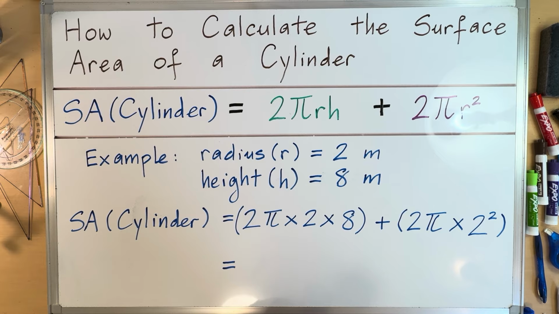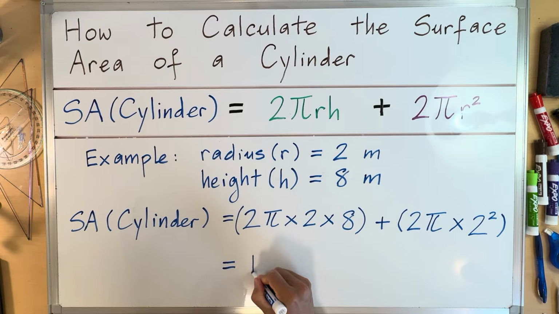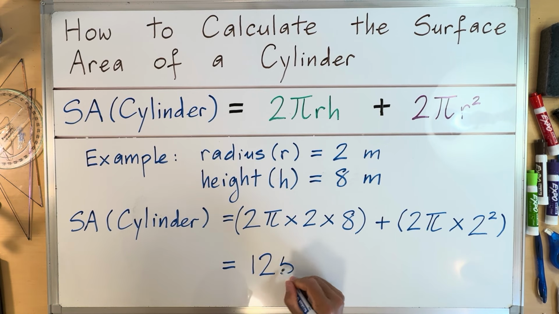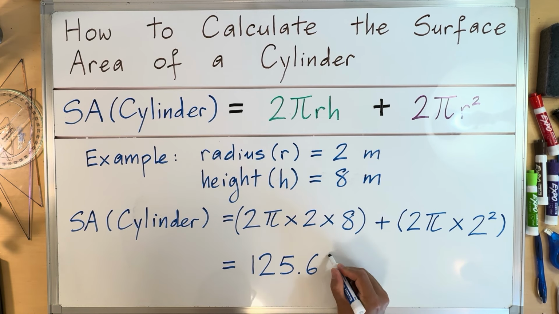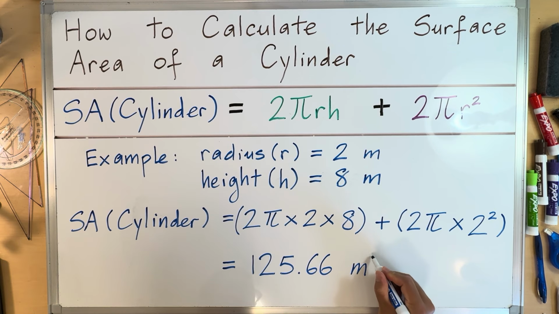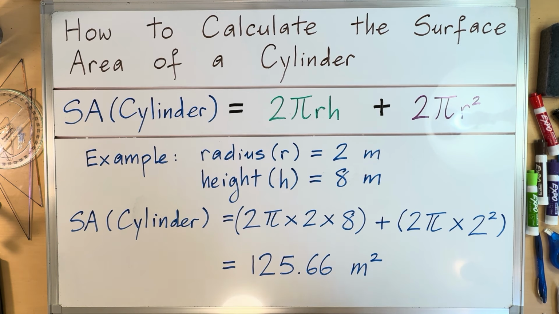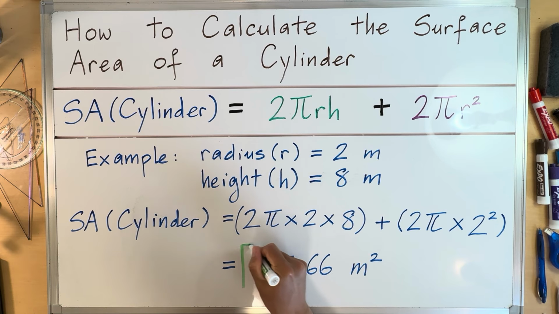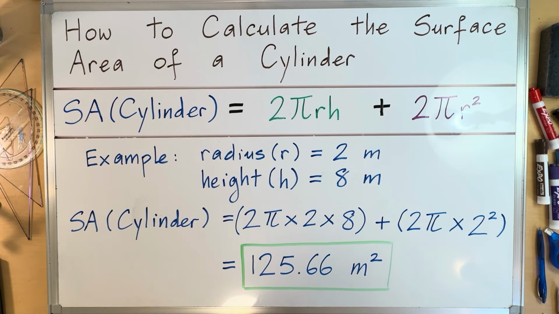This gives us 125.66 square meters. And this is how to calculate the surface area of a cylinder.